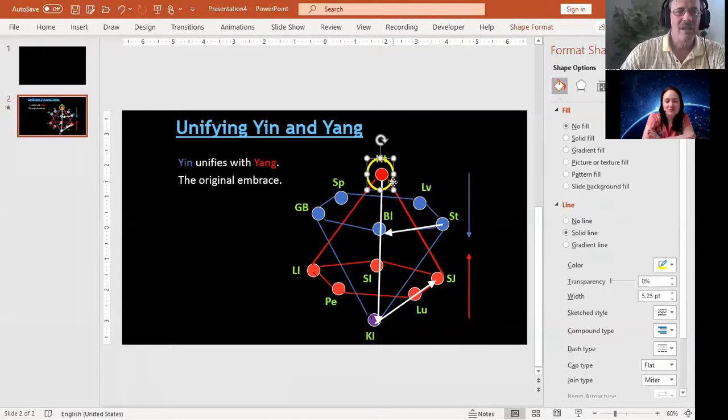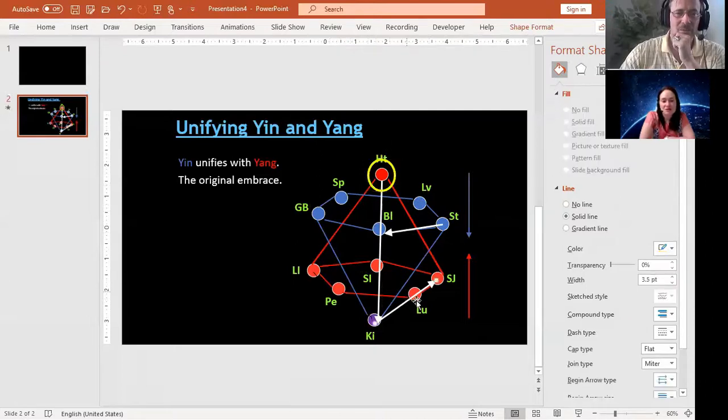So you can say, okay, I think the problem is in the heart. Well, the first thing you do is look around it: gallbladder, spleen, liver, stomach, and bladder. These 5 meridians kind of surround it. And you think, okay, what's going on here? It's always like this. Let me see if I can get this. I'm going to show you what it always looks like.